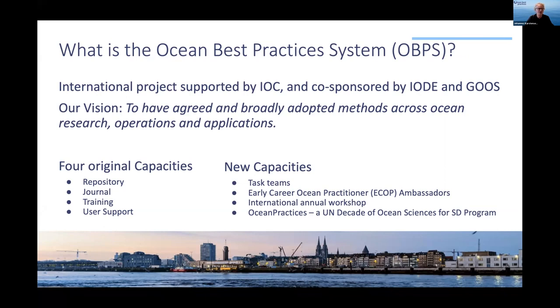The vision we have is to have agreed and broadly adopted methods across all ocean research, operations, and applications. And we originally differentiate four different capacities: we have a repository, the OBPS repository, I come to that; we have a journal; we have activities related to training; and then we provide user support.